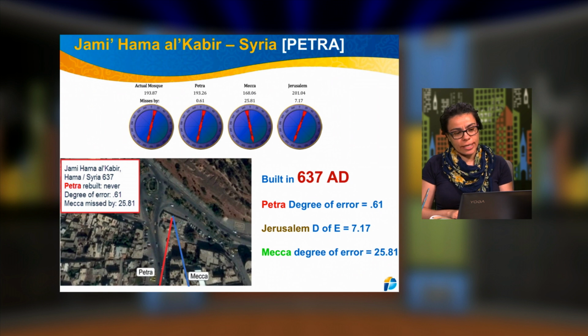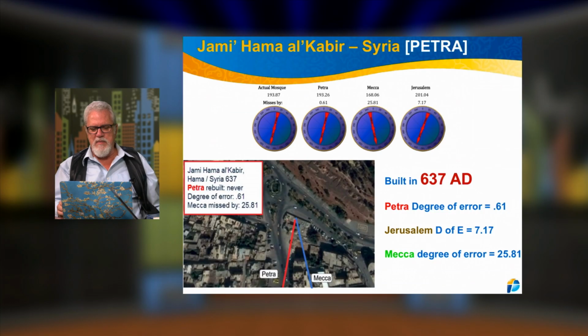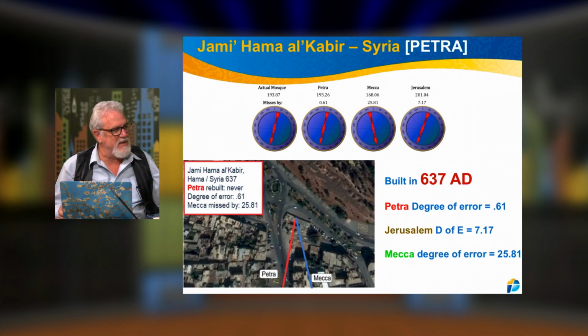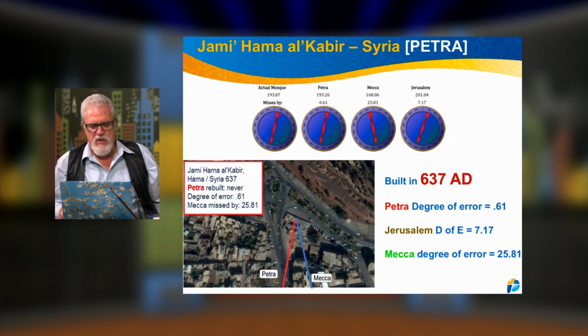It is 25 degrees off Mecca. It's only 0.61 degrees off Petra, just half a degree off Petra there in Syria. And it can't be Jerusalem because it's 7.17 degrees from Jerusalem. So obviously, this one is directly towards Petra.